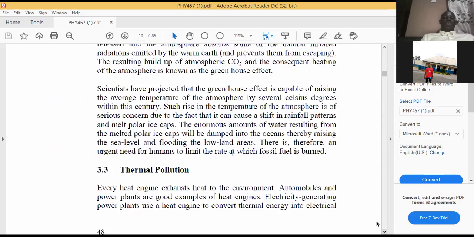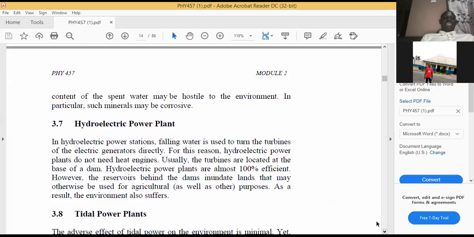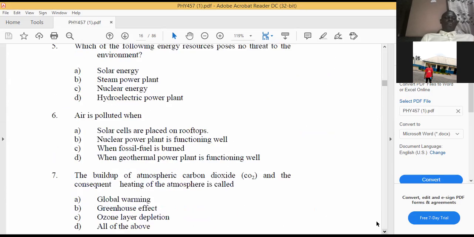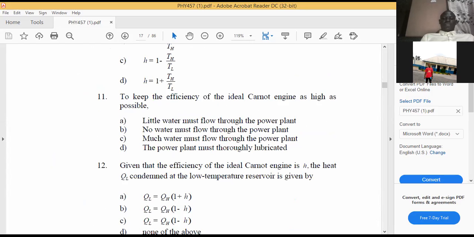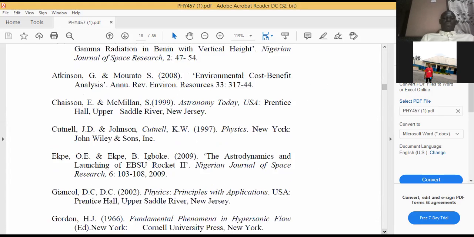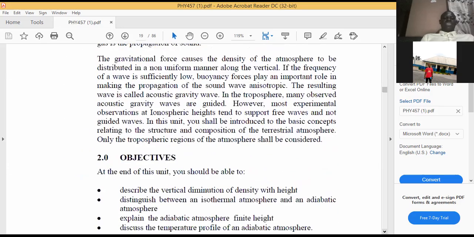As well, what we talked about today, what we always do is that the highlights of the classes are always highlighted before each of the topics itself. So let me see. For this one we just finished now, the objectives were to describe the vertical diminution of density with height, which I mentioned in your notes, that density diminishes with height.